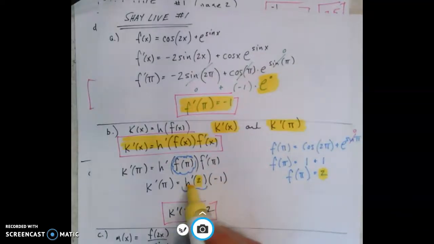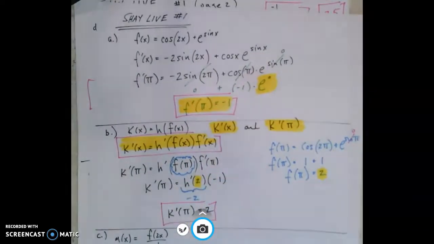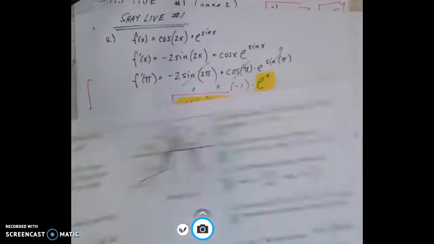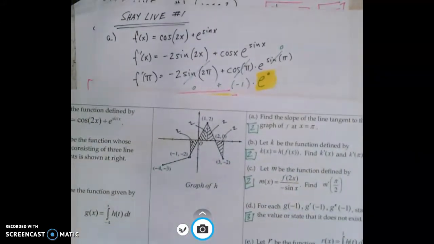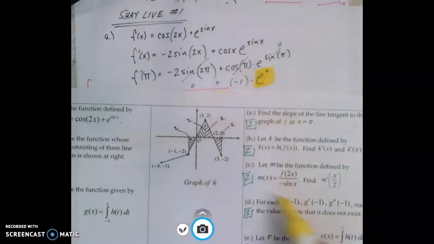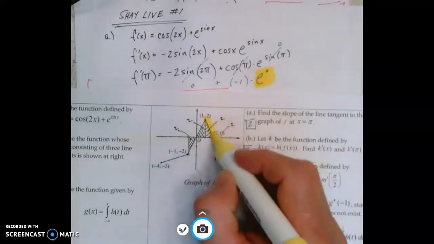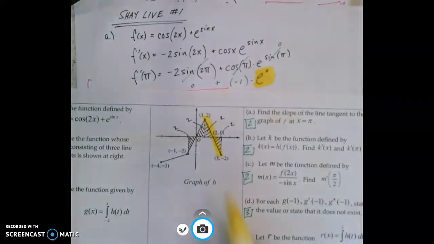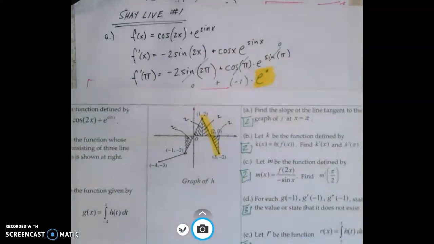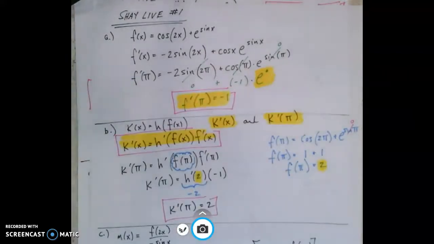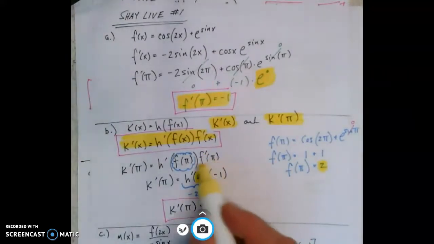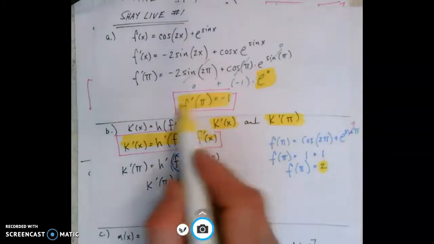And then we do h prime of 2, which is the slope of the graph at 2. So here's our graph. So h prime is the slope of that line, which we can, with our xy coordinate points, find out to be -2. And f prime of pi, we've already solved that in the previous problem.